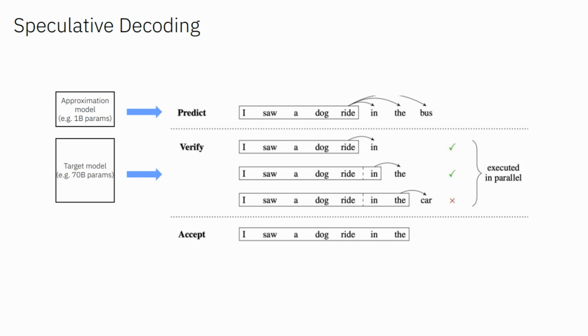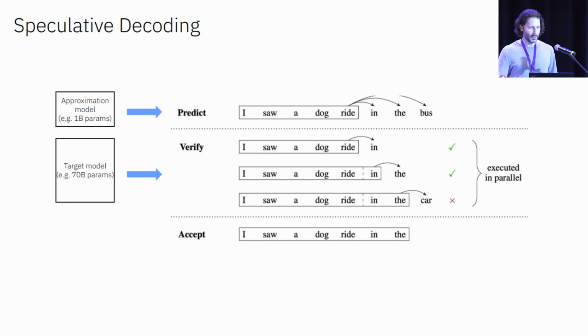Another technique is an observation that a lot of the times the next tokens that you are predicting are actually quite easy. There are very much more obvious potential next tokens in some cases than others, like if you're generating code or something like that.